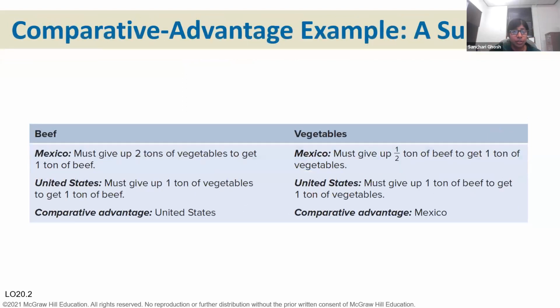So this is what we already discussed, that in beef the comparative advantage is the United States. Mexico has comparative advantage in vegetables. Let's write these down then.